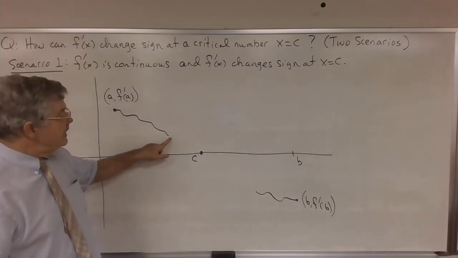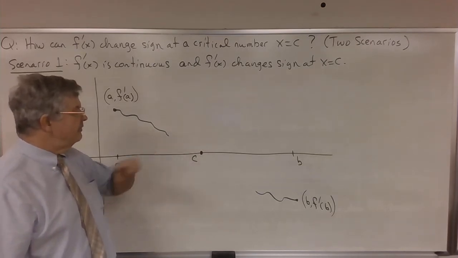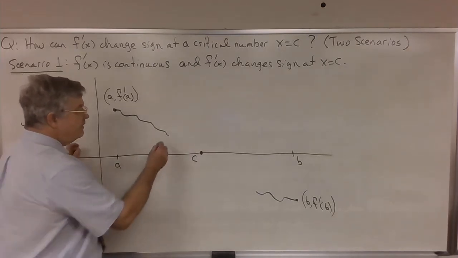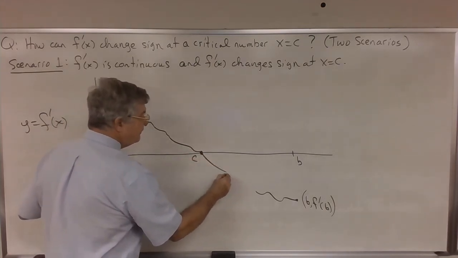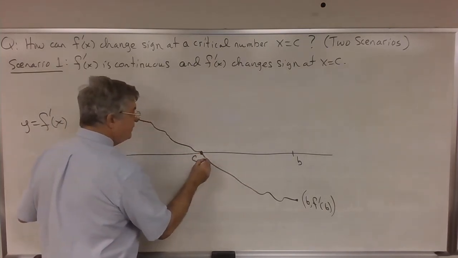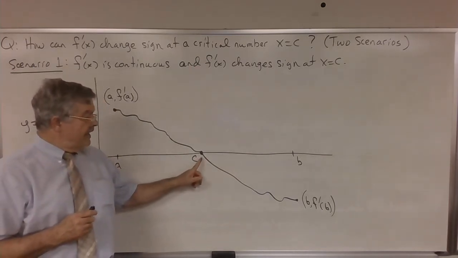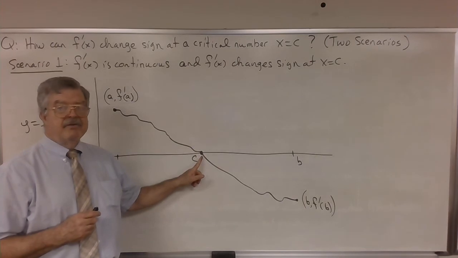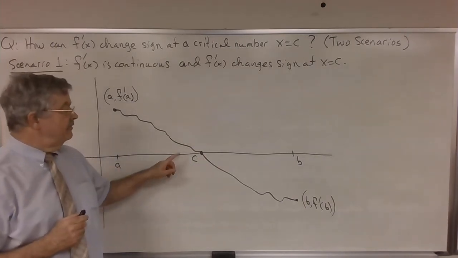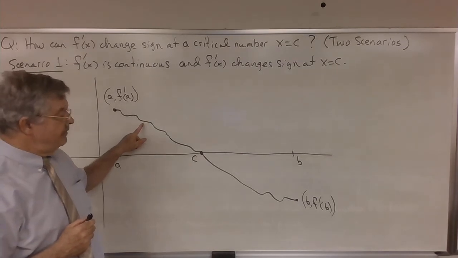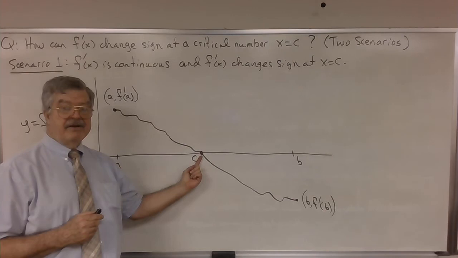So somewhere between here and here, the graph has to cross the x-axis, and it does that right here where the derivative changes sign from positive to negative. And that would be at the critical number. Remember, at a critical number, the derivative changes sign. So where is the derivative going to change from positive to negative? Right here at that critical number.